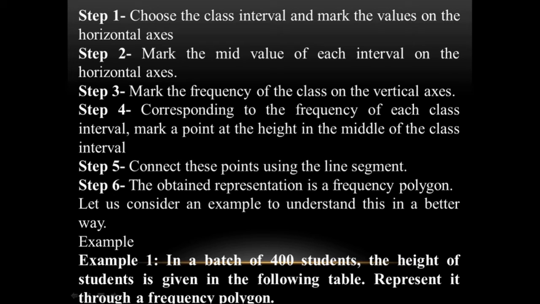And step 6, last, the obtained representation is a frequency polygon. Let us consider an example to understand this in a better way. For example, in a batch of 400 students, the heights of students are given in the following table. Represent it through a frequency polygon.